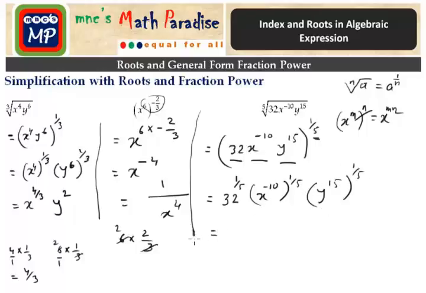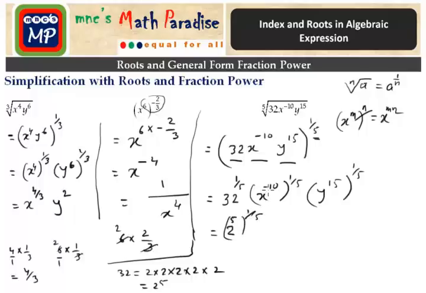So now this 32 is 2 times 2 times 2 times 2 times 2. 2 times 2 is 4, 4 times 2 is 8, 8 times 2 is 16, 16 times 2 is 32. So 32 is actually 2 to the power 5, because 5 times, so we can write it 2 to the power 5. So 2 to the power 5 times 1 by 5.